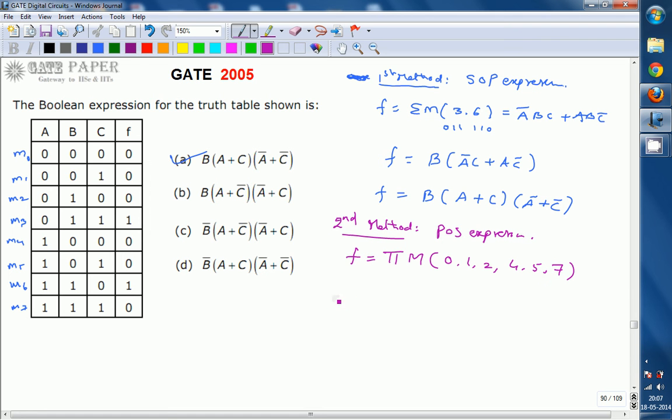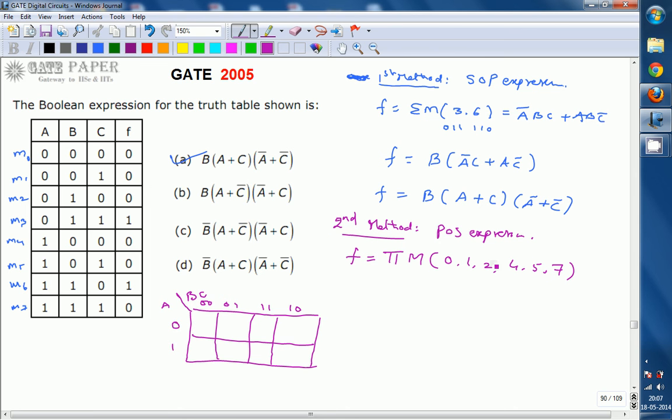So we will use this 3 variable K map, which consists of 8 cells. This is A and it is BC, with 00, 01, 11, 10 and 0, 1.